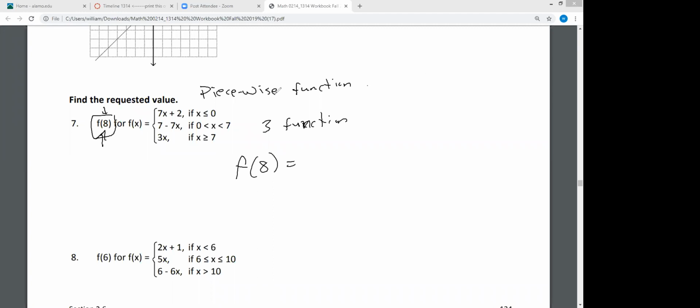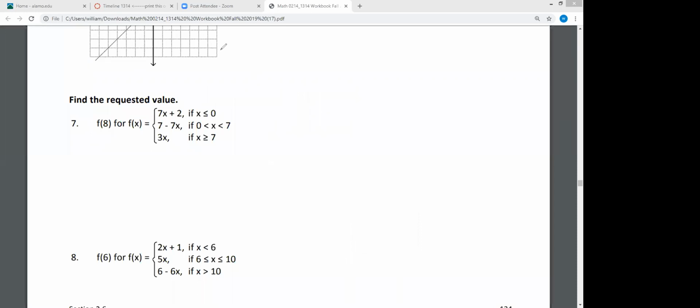Well, 8, wait, no, be careful. 8, remember the way we write down a function, whatever's in the parentheses is the x value. Whatever it equals is the y value. This whole thing equals y, do you see? But whatever's in that parentheses is the x value.